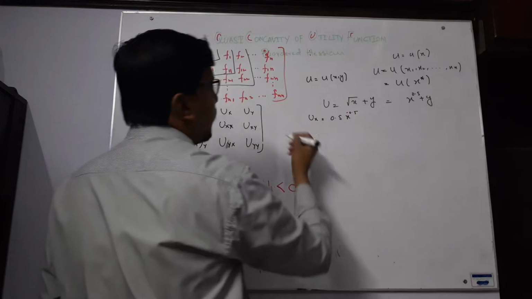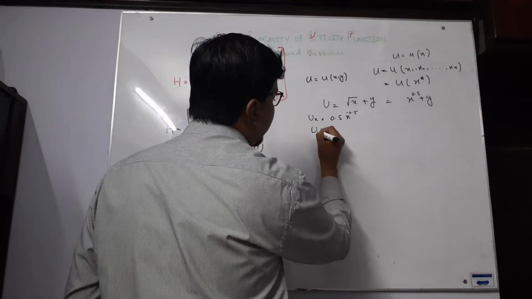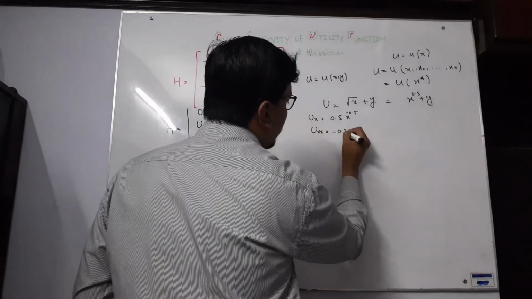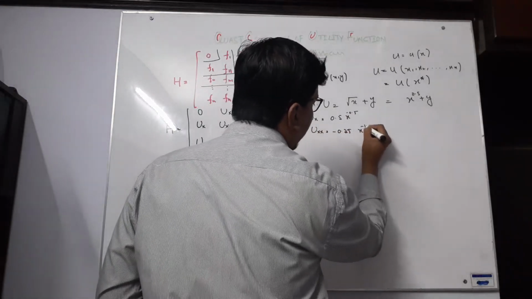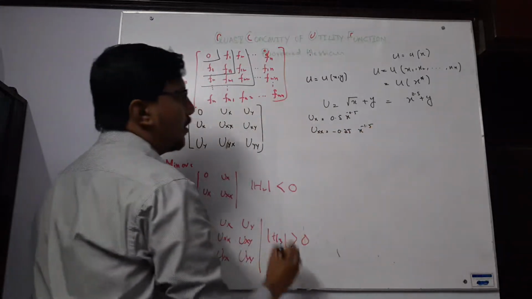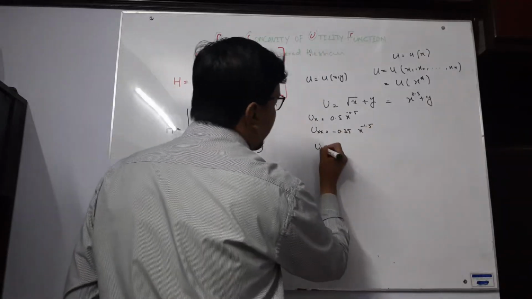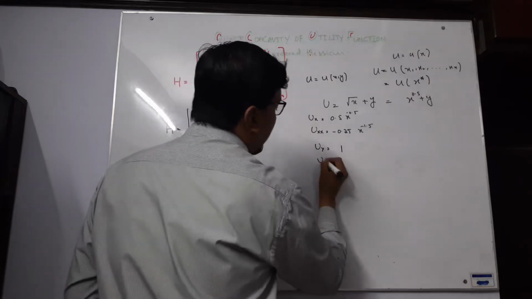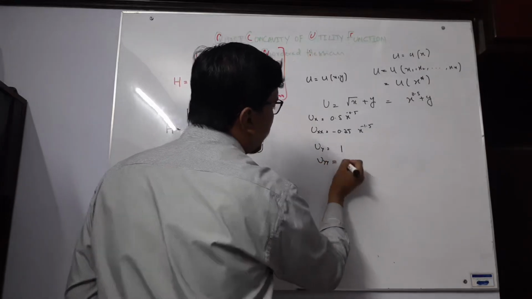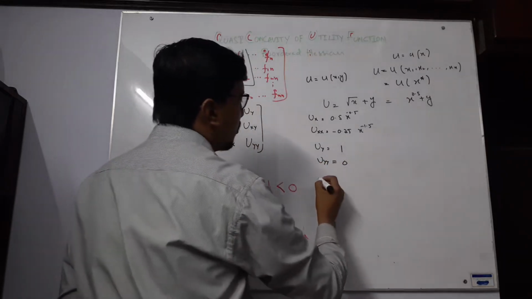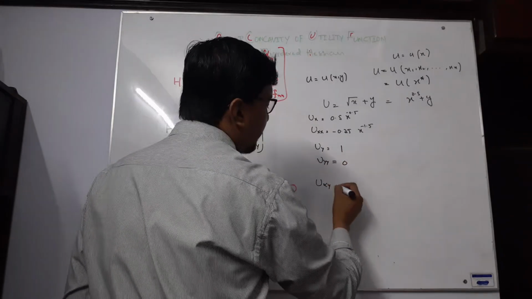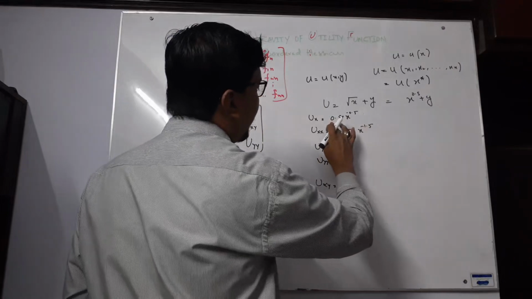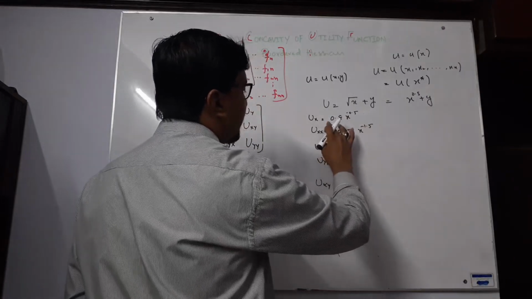okay, then we want to take uxx, the second derivative of the function, so it will be minus 0.25 x to the power minus 1.5. Okay, now we are going to take uy. So for y, the derivative is 1, and uyy will be 0, and then we want to use the cross term uxy. Whatever happened here, this is the first derivative of the utility function with respect to x.